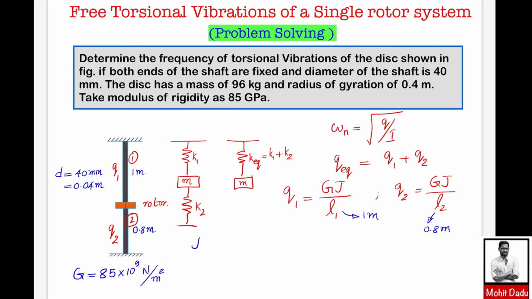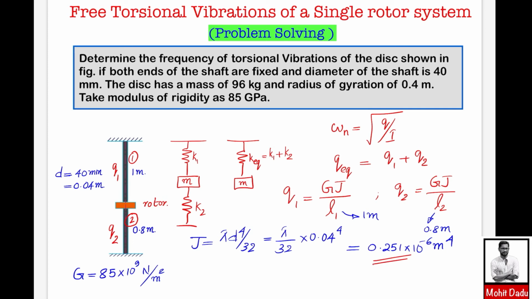The J value in both equations of q1 and q2 is pi d raised to 4 by 32, where the diameter is 0.04 meter or 40 mm. So this is pi by 32 into 0.04 raised to 4, which in meter raised to 4 you will get as 0.251 into 10 raised to minus 6 meter raised to 4.